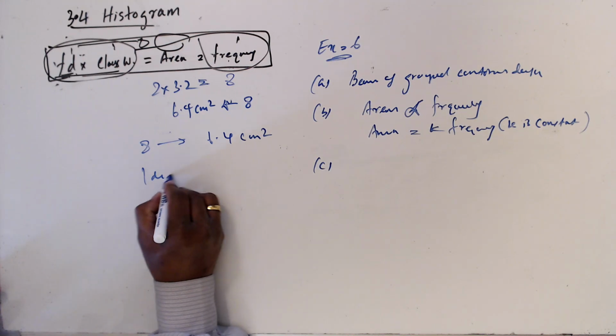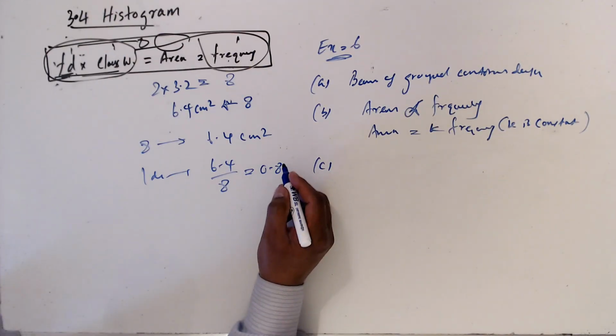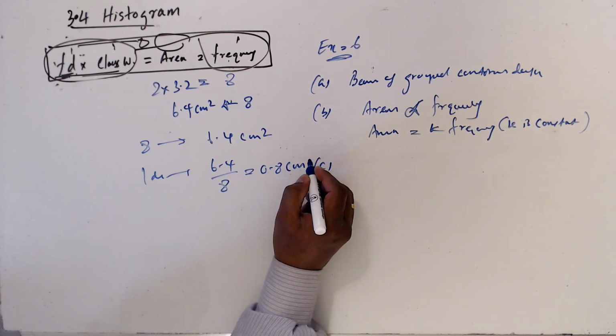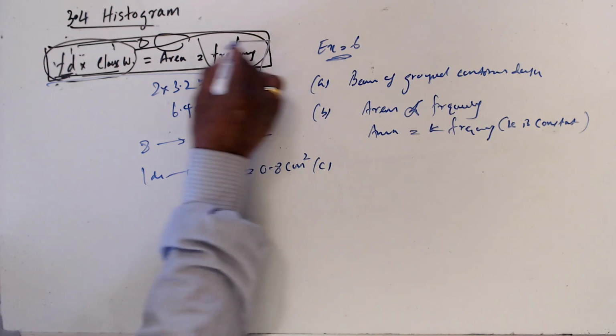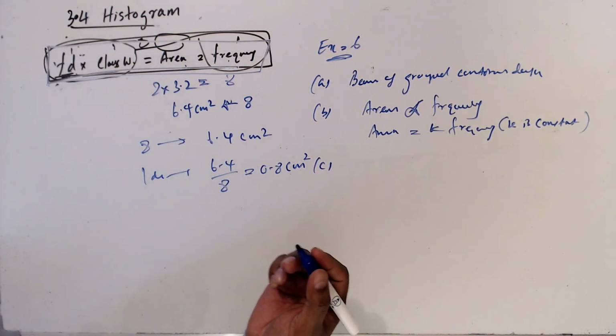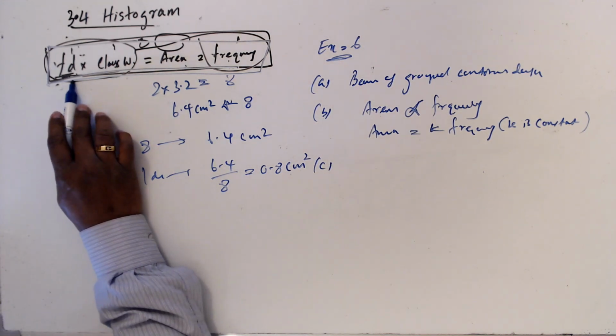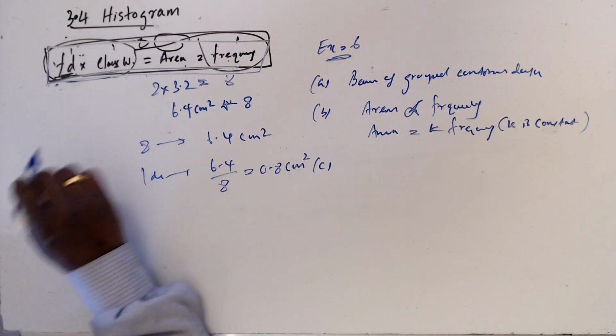Then 1 day is represented by 6.4 divided by 8, that is 0.8 cm squared. That's why I said to just write this with the area: frequency density times class width equals area, which equals frequency.